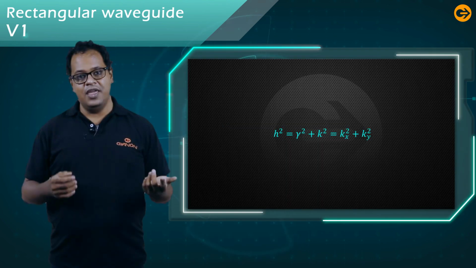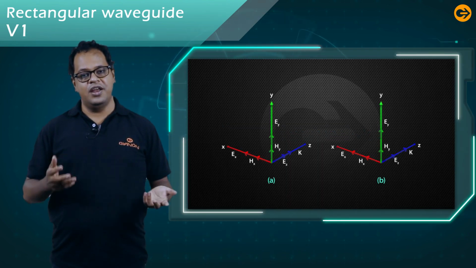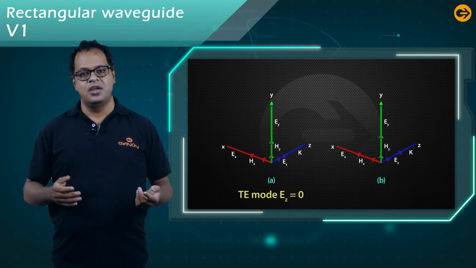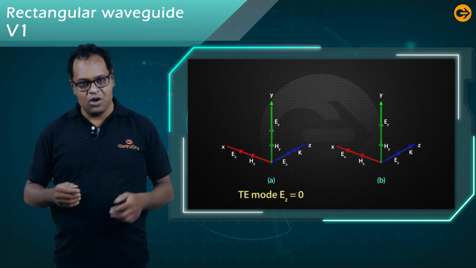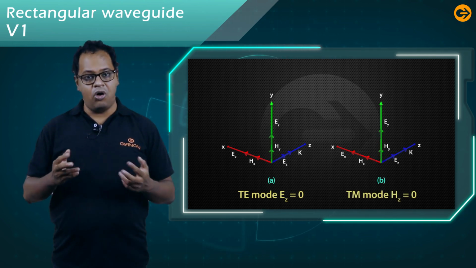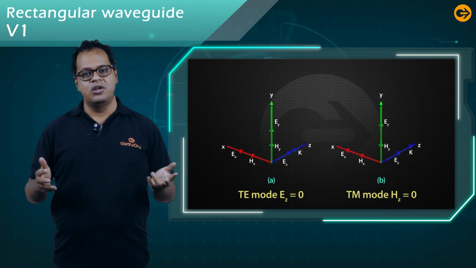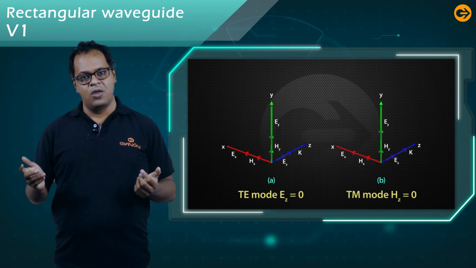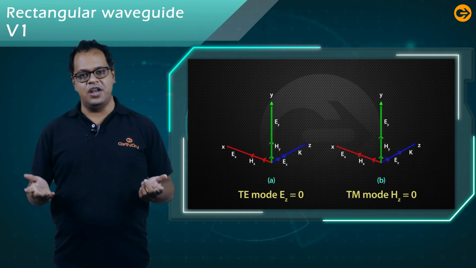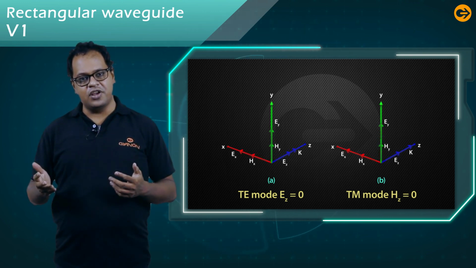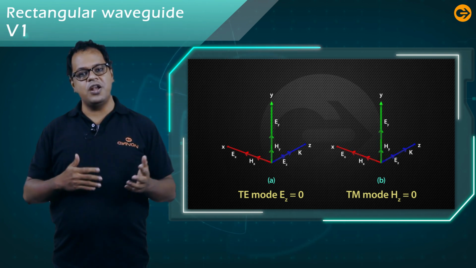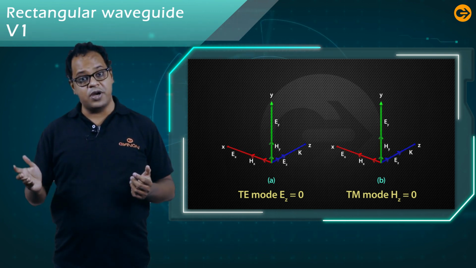Now let us discuss the different modes of the waveguide. What are they? They are transverse electric or TE, transverse magnetic or TM, or it may be transverse electromagnetic or TEM wave. What is the case of transverse electric? In transverse electric, the electric field is perpendicular to the direction of propagation.